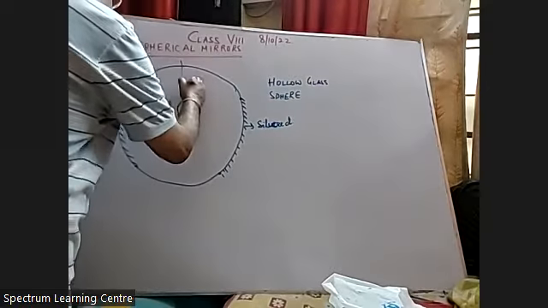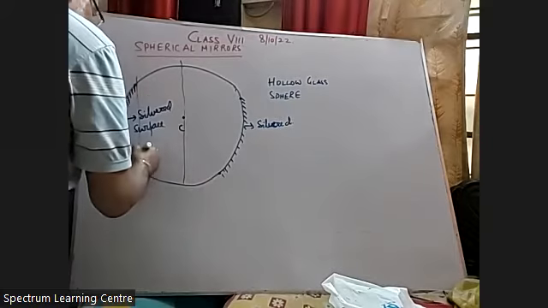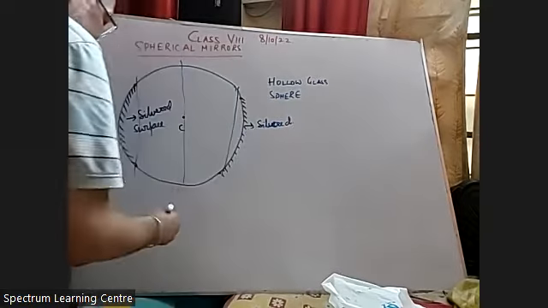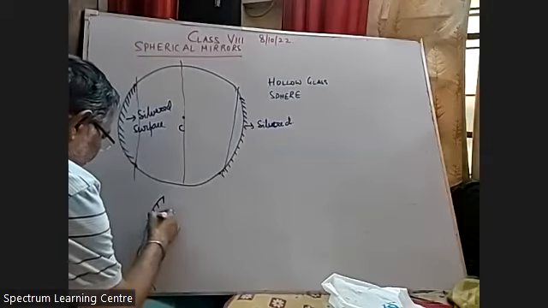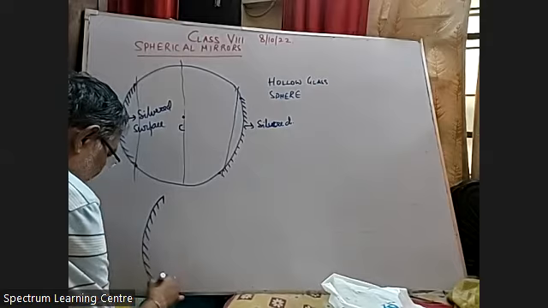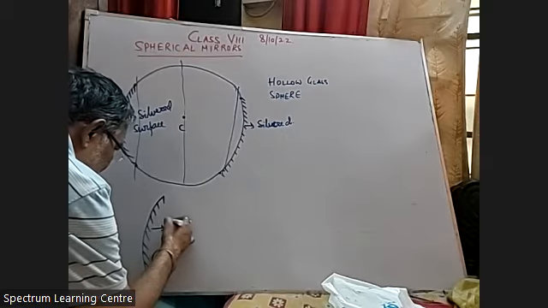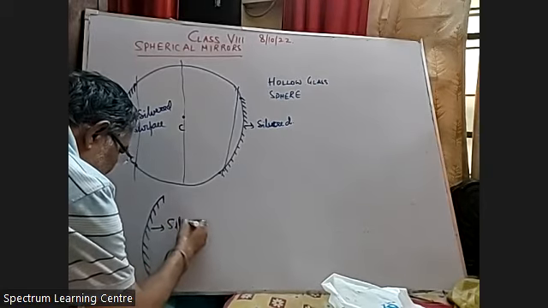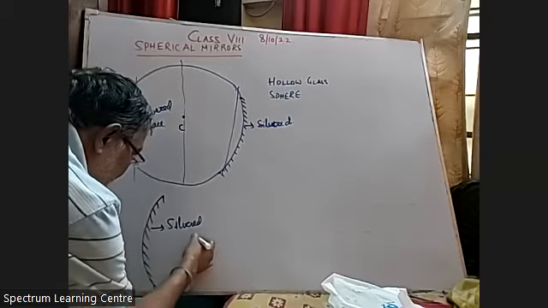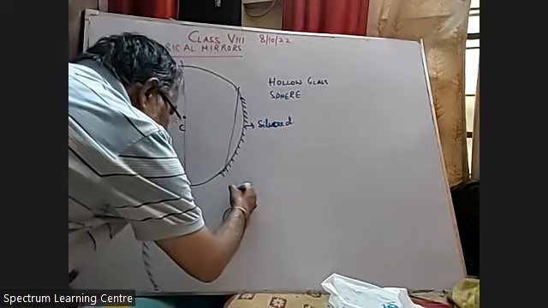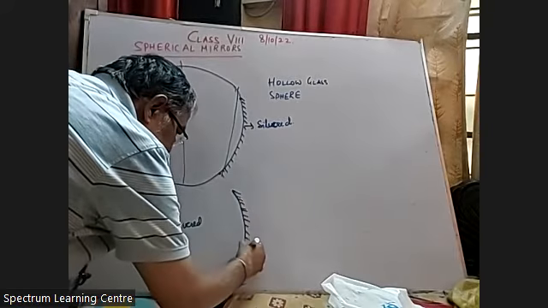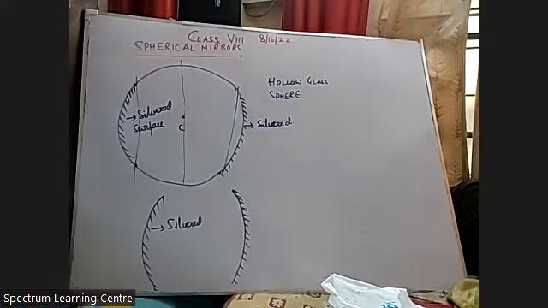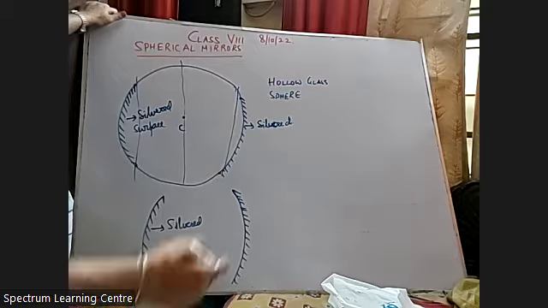Now, if I cut the glass like this, what I have in my hand is one piece, and I will be having another piece, right? So these become spherical mirrors.